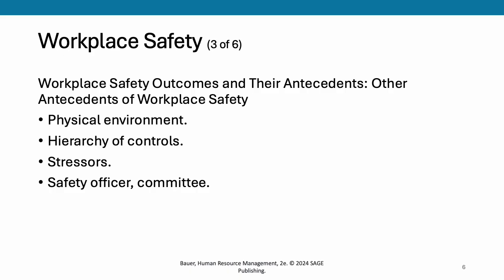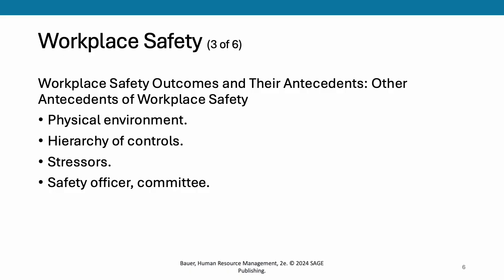We want to make sure we've got good safety officers who are conscientious about workplace safety and they're monitoring those things, and then having a safety committee that includes employees so they have a voice in making sure that they feel safe, as well as any other kind of safety executives or officers in the company.